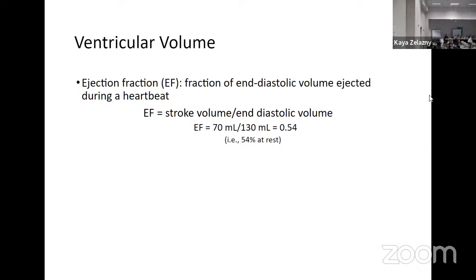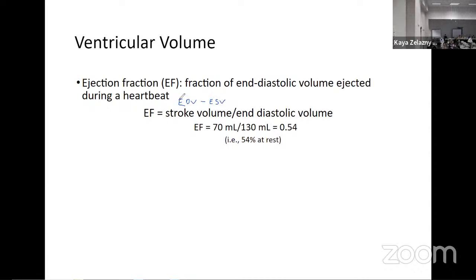So to calibrate that, we'll often calculate our ejection fraction. Now our ejection fraction is basically giving us a percent. So we're going to take that stroke volume, which was our end diastolic volume, the most blood we had in our heart, minus our end systolic volume, which was the least blood after we squeeze.